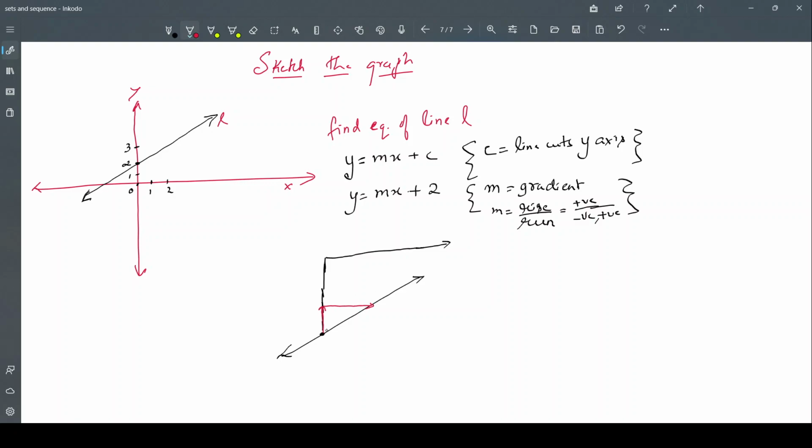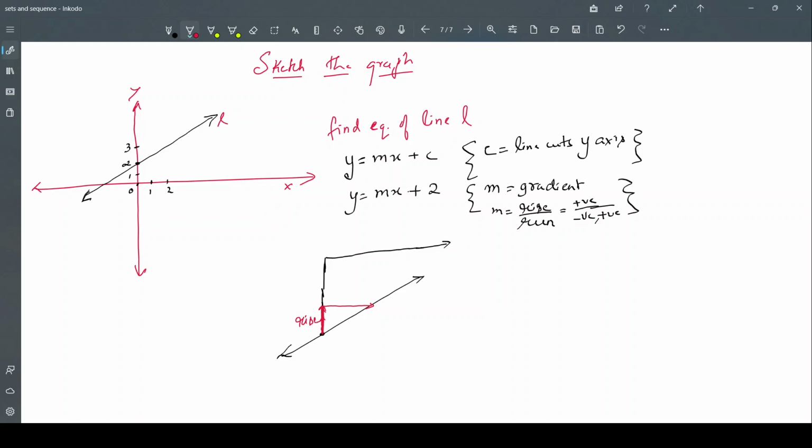I'll not go beyond this so that it is not even meeting my line. It can be extended, but try to take some proper integers so that it will be easy for you. So rise, we can calculate using the graph, the values that are given, and this is called rise. And this should always be positive.